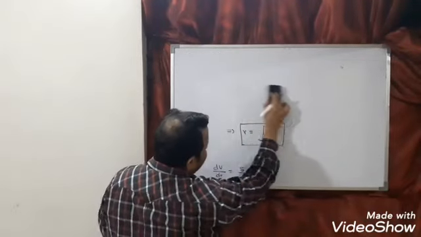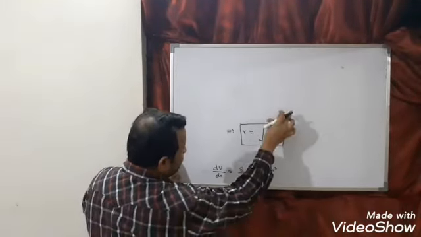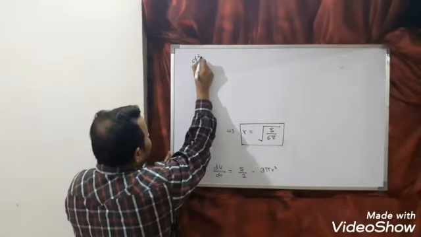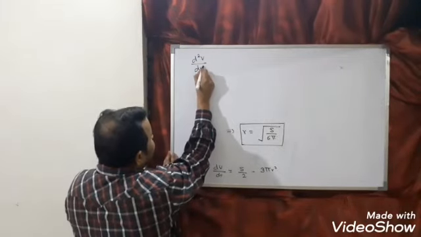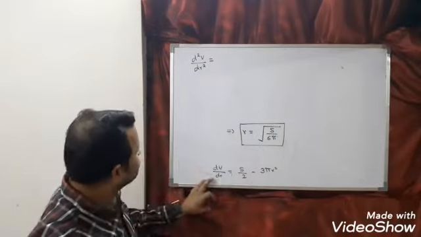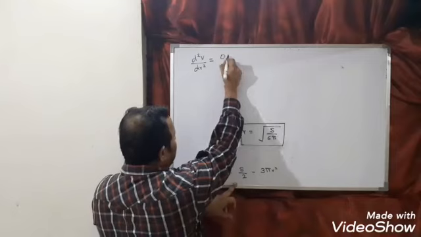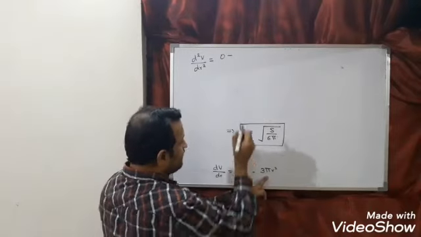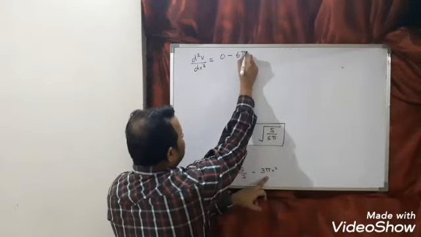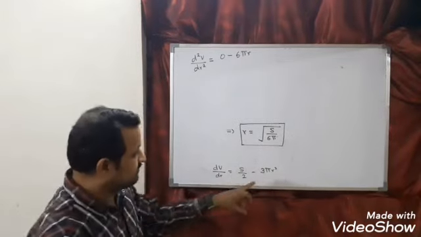So d square V divided by dr square is equal to, now with respect to r, s by 2 is constant, so it is 0 minus 6 pi r, right?